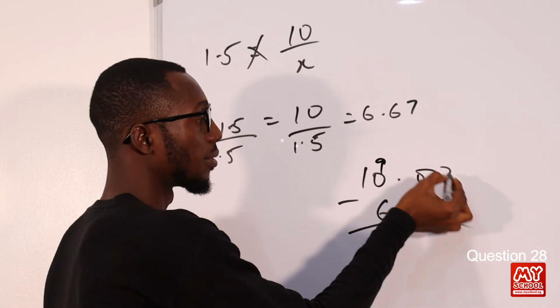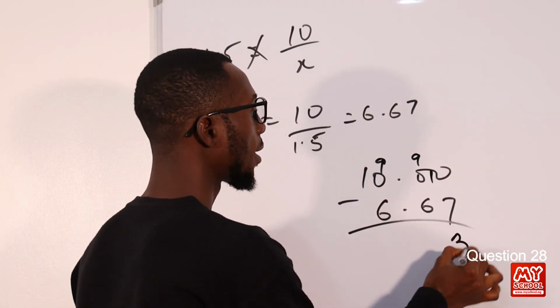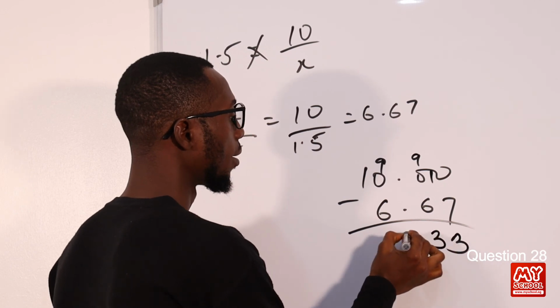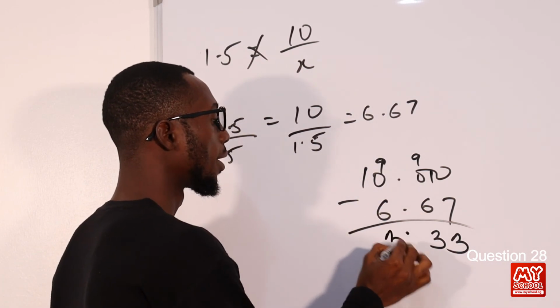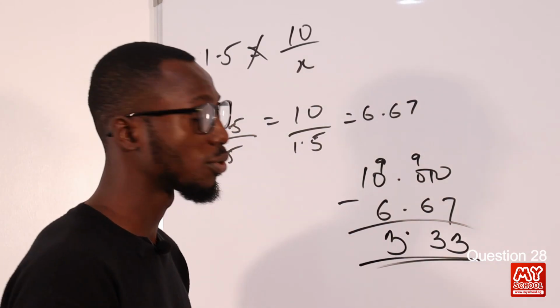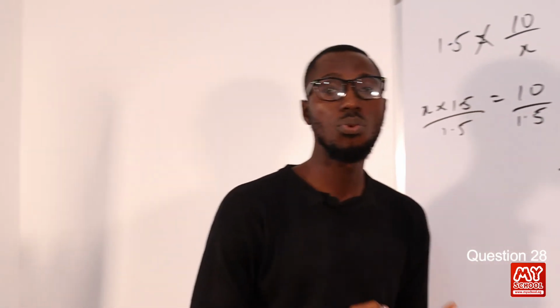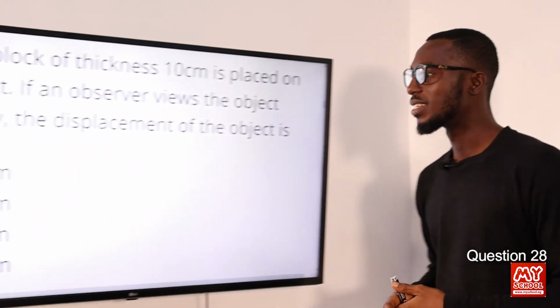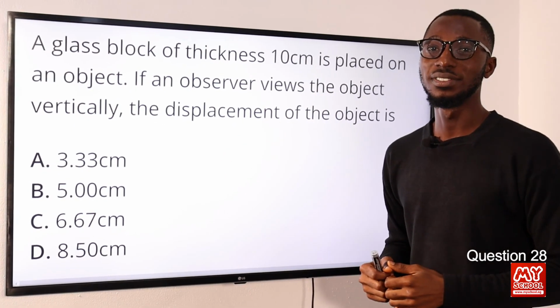This becomes 10. 10 minus 7 we have 3. 9 minus 6 we have 3. This is 0. So we have 3.33 to put it that way. So let's go back to the screen and find out what the displacement is. Displacement, of course, is 3.3, so option A is the correct option.